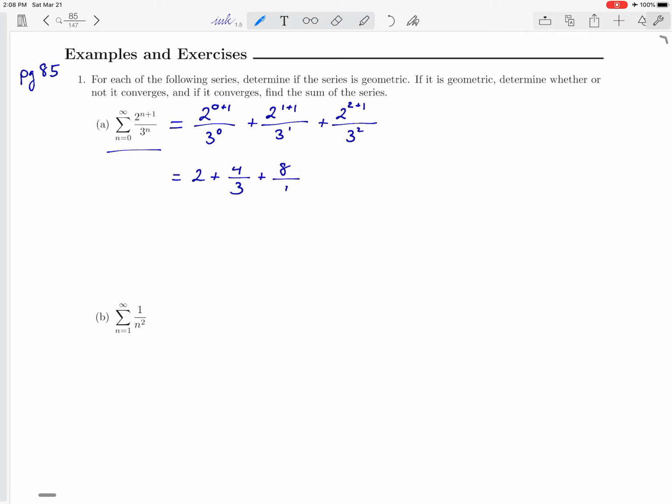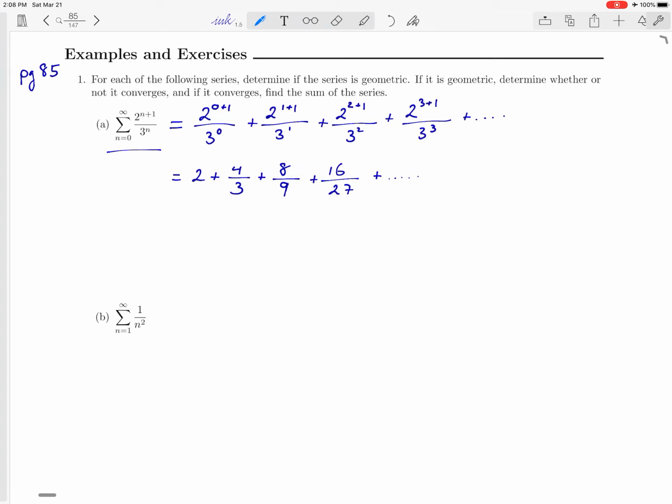And in the denominator, we have 3 squared, which is 9. Let's do one more. When n is equal to 3, we have 2 to the 3 plus 1 divided by 3 cubed, and that simplifies to 16 in the numerator and 27 in the denominator. So we get 16/27, and we could keep going like this, but I think we have enough information to determine if this is geometric or not.